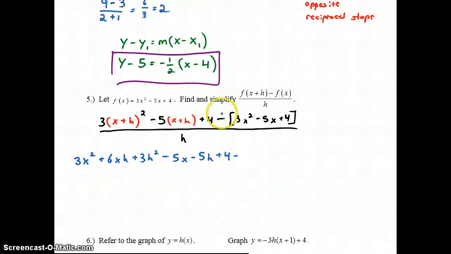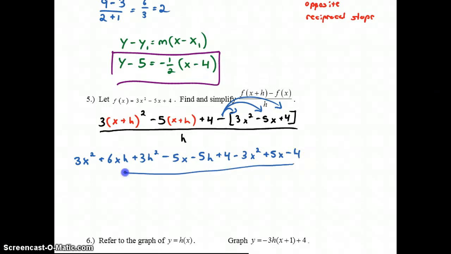If I distribute that negative to all the different terms, minus 3x squared plus 5x minus 4. And again, all of this is over h.